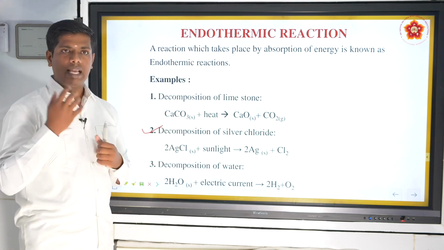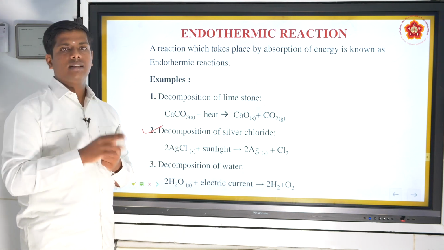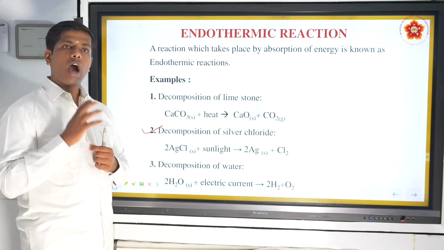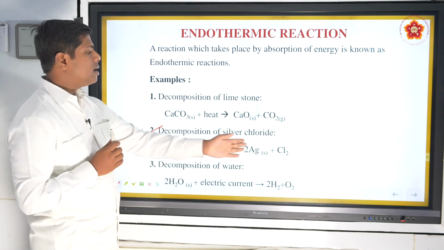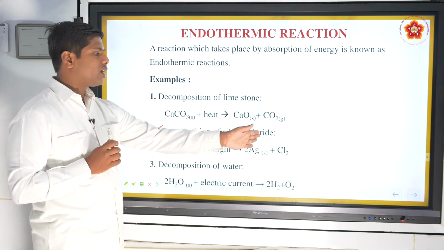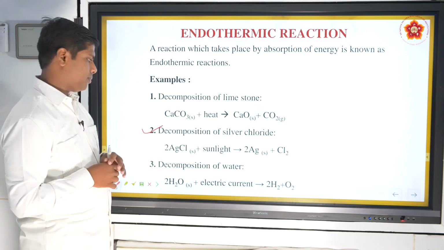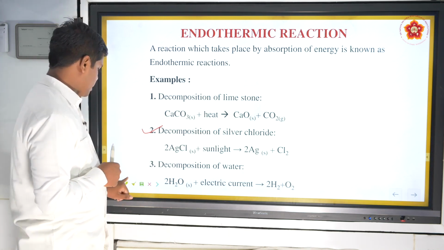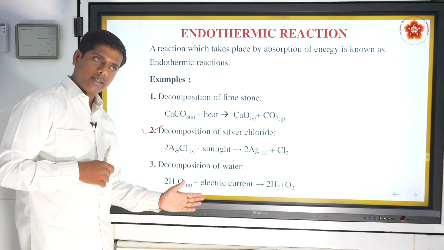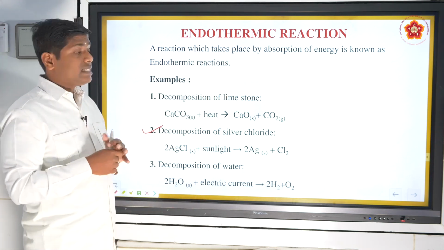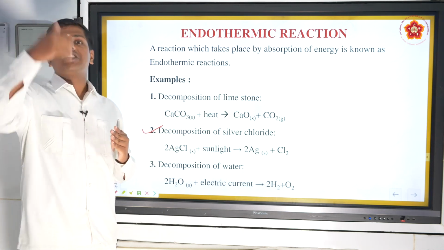Take a china dish, add silver chloride and keep it in the sunlight. After 2 hours you will see that silver and chlorine have been separated by sunlight. Next, decomposition of water, that is electrolysis of water. In endothermic reactions, energy is absorbed and the reaction takes place.